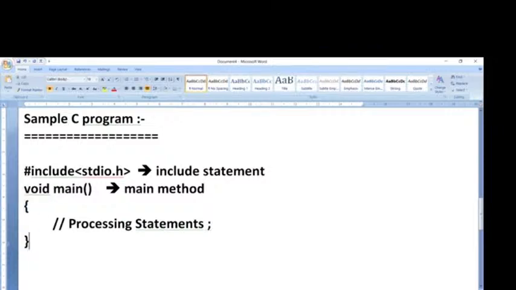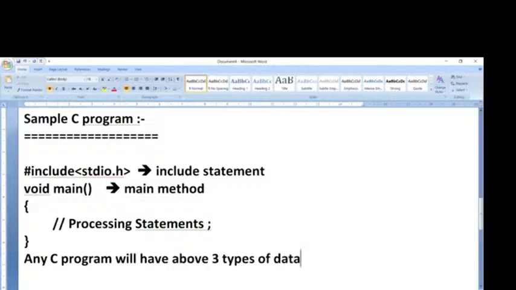The code you write between the two curly brackets is called processing statements. In any C program, you will have the above three types of statements.